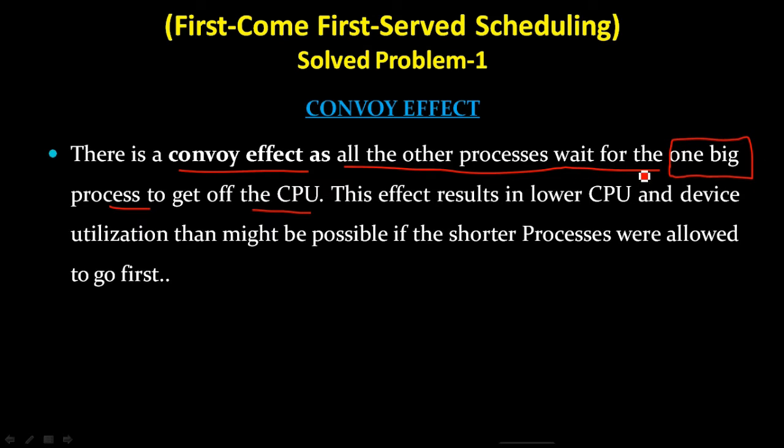Until it gets terminated, all others are waiting. Such a scenario is called the Convoy effect. This effect results in lower CPU and device utilization. That might be avoided if shorter processes were allowed to go first. Then this Convoy effect will not arise.